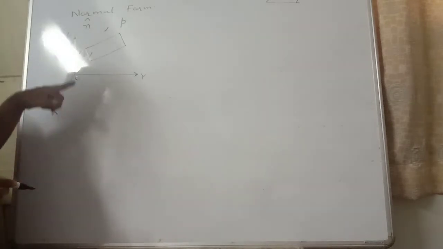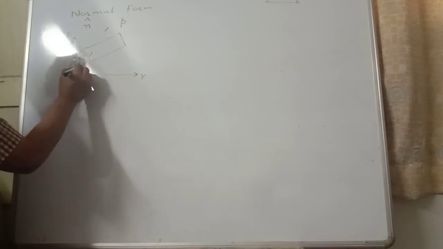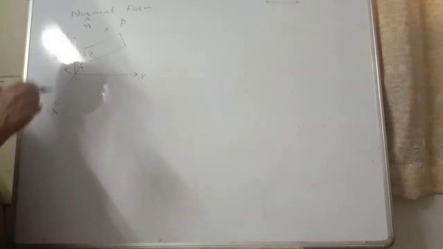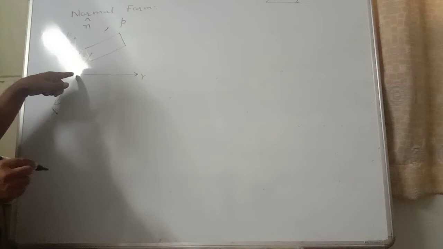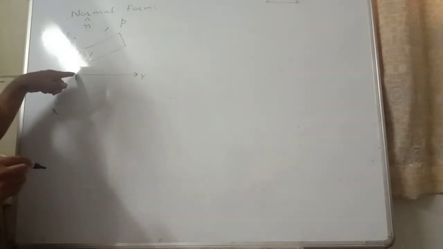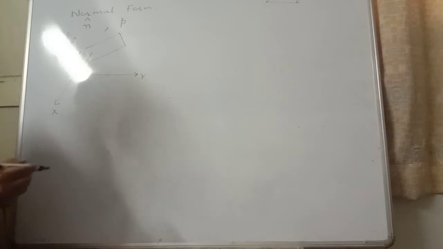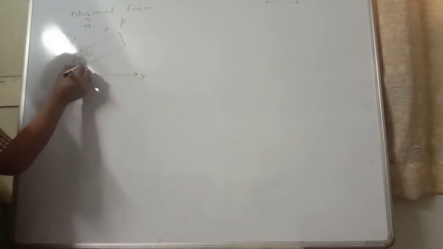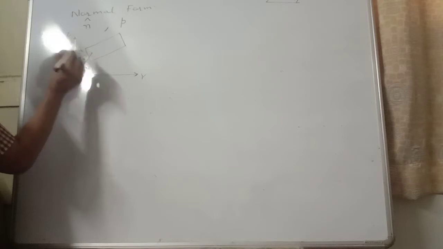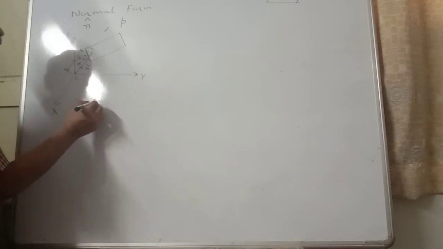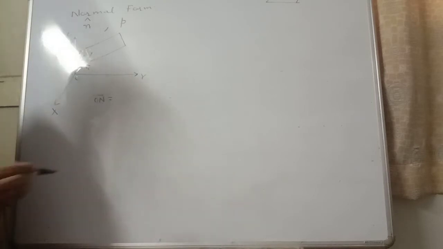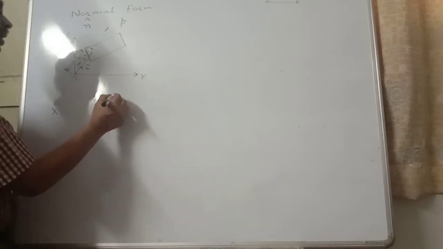ON, let us consider the vector along this line, the vector directed from the origin towards point N. Usually the position vector of a point is denoted by a small letter, so we shall denote it by n bar. ON bar equal to n bar.